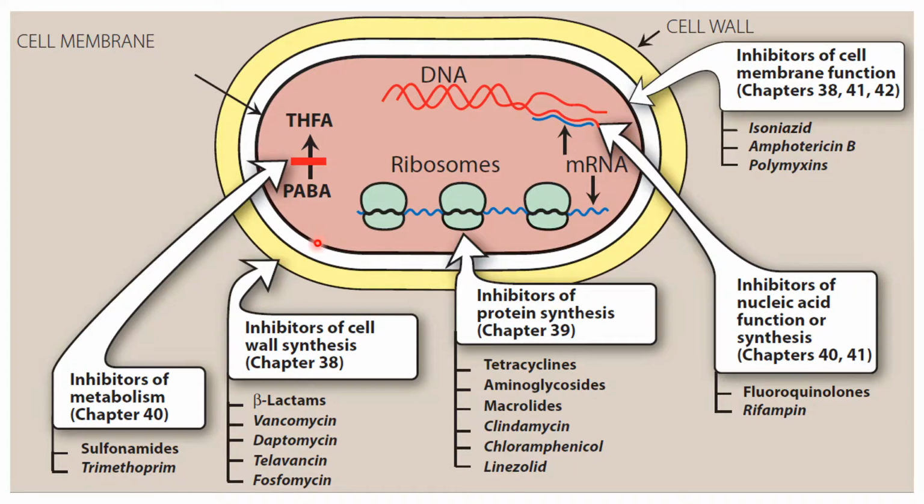And this is the fifth, actually, the inhibition of cell membrane function, which is very common together with cell wall synthesis inhibition, but these antibiotics are not used commonly because, for example, isoniazid is only used for tuberculosis treatment. And polymyxin and amphotericin B are also in this group, so actually this group is almost the least commonly used one.